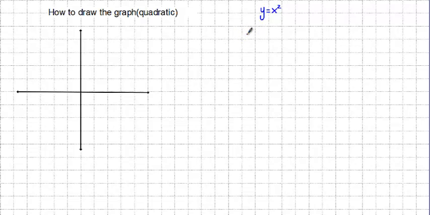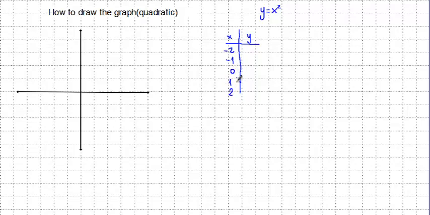Now y is equal to x, values and y values. I'm going to choose some x values and find the y values for these x values. I'm going to choose x is equal to minus 2, x is equal to minus 1, x is equal to 0, x is equal to 1, and x is equal to 2.